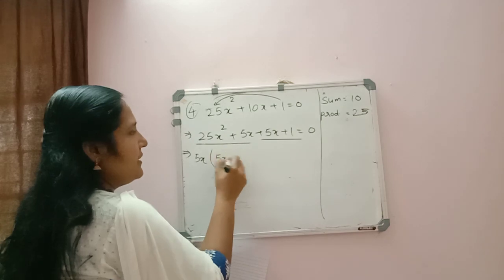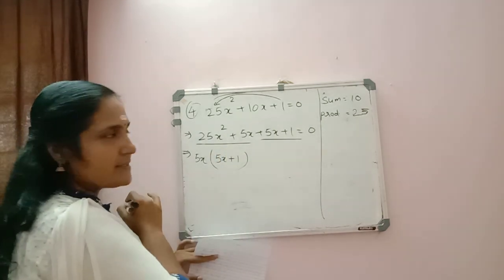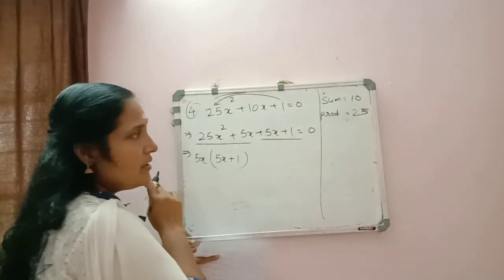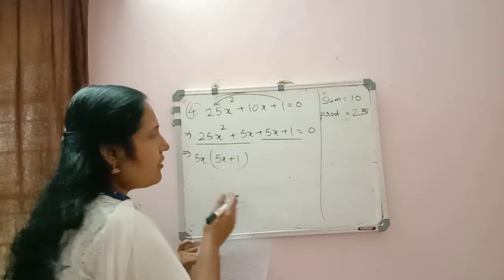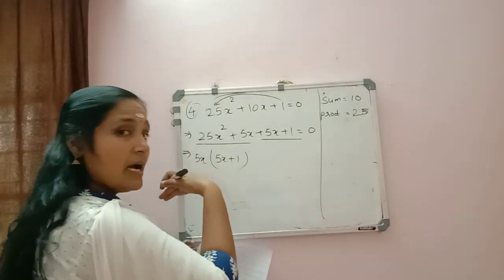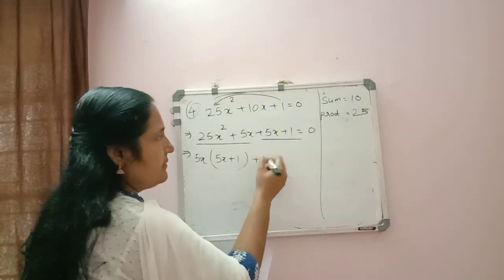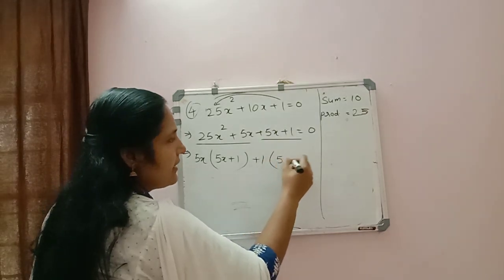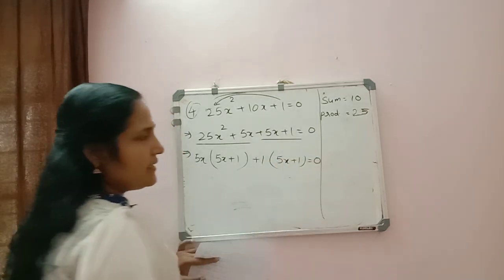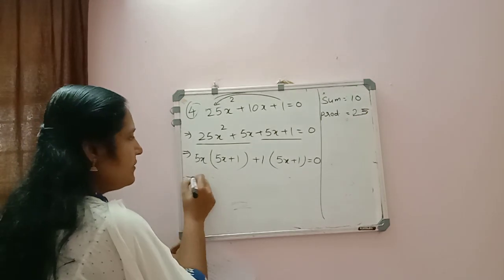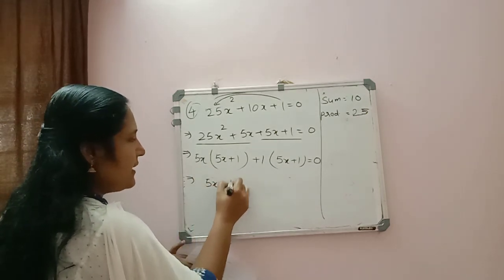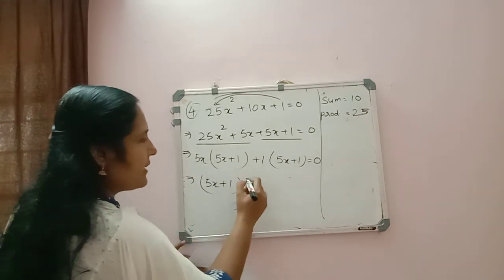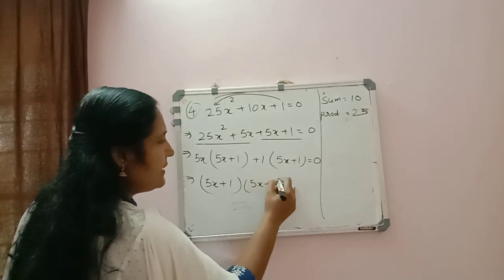Inside the bracket it will be 5x + 1. From the other two terms, no common factor is there, so we take plus 1 common. Inside the bracket, again no change, 5x + 1. So again 5x + 1 taken outside, inside the bracket remaining is 5x + 1.